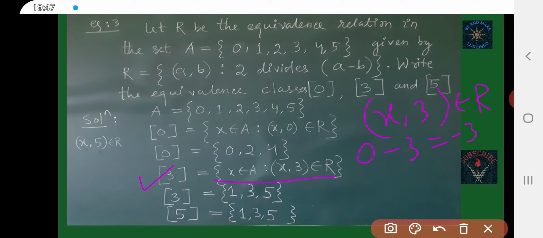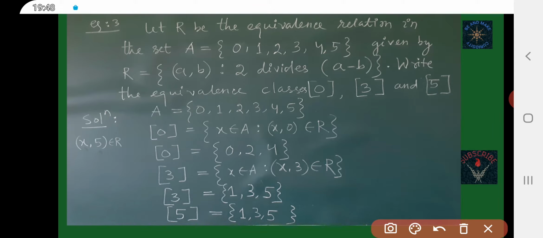So (0, 3) does not belong to R, so we cannot take 0. Similarly (1, 3): 1 minus 3 is equal to minus 2, which is divisible by 2. So this belongs to the relation R.